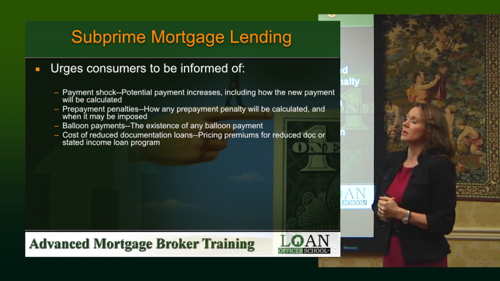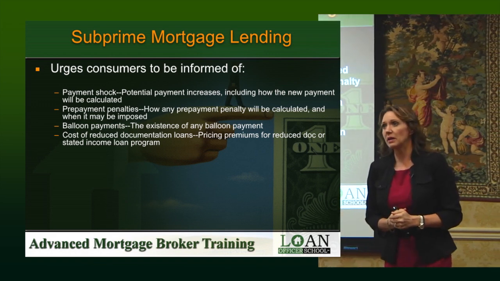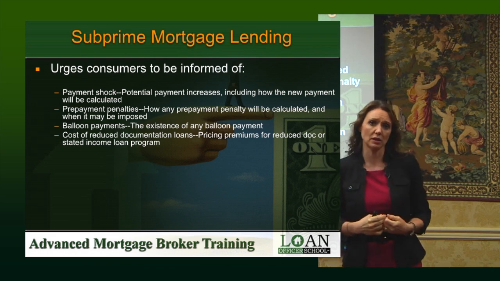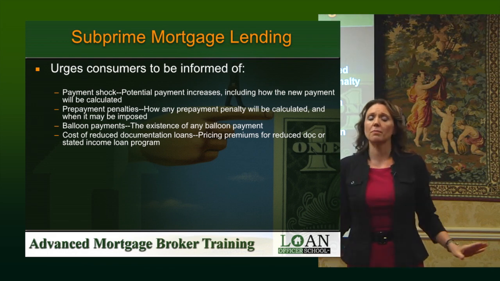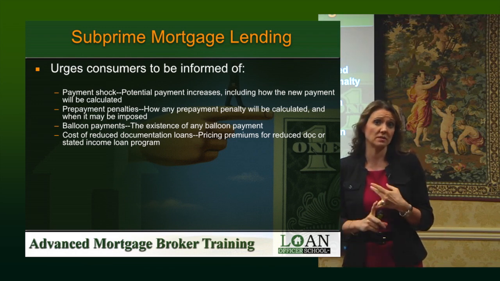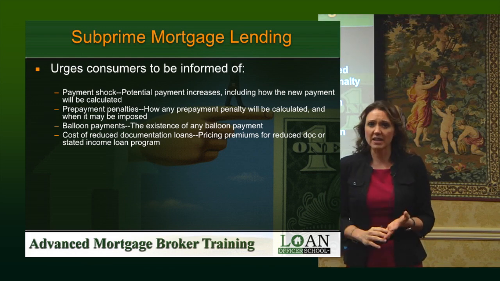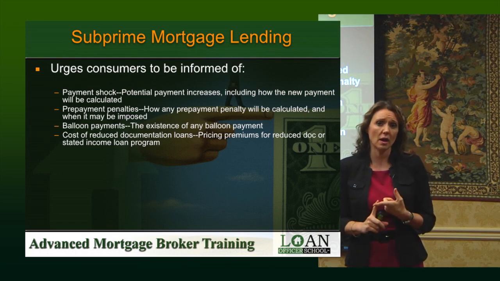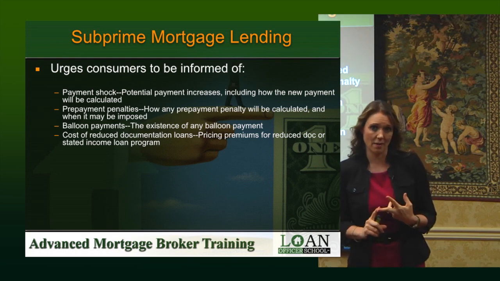Cost of reduced documentation loans. This would be your willingness to pay a higher rate or higher costs to get the loan because you are not providing income documentation. I'm not providing any W-2s, no pay stubs, no tax returns. You're just going to do my loan by what was called either no income or stated income.